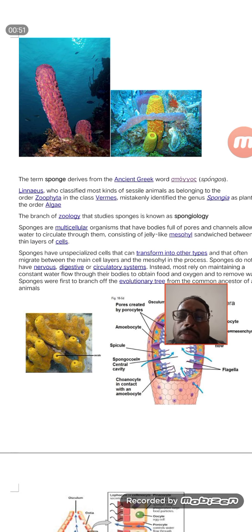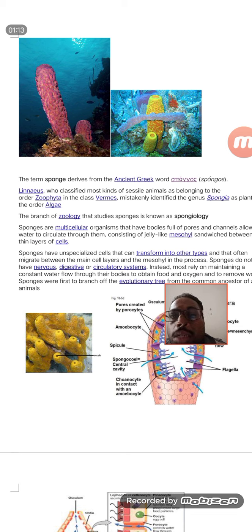You can see that these poriferans are one among the most important parts of the coral ecosystem, that is the ocean ecosystem, on which corals can come and grow. So they come and grow on these organisms.